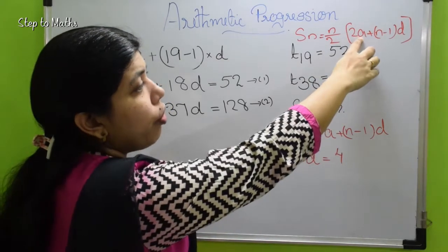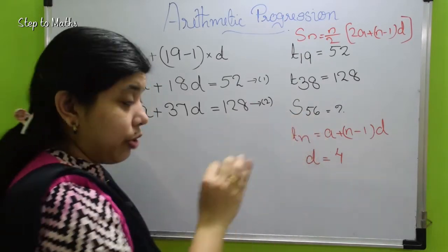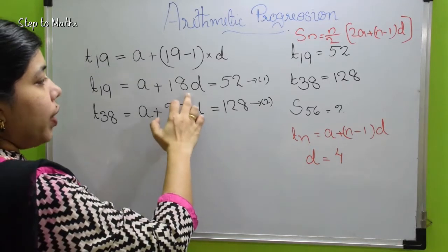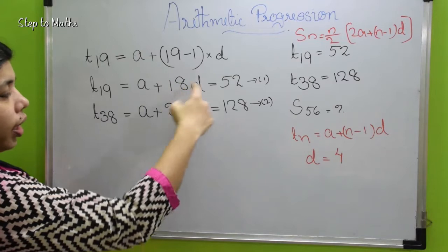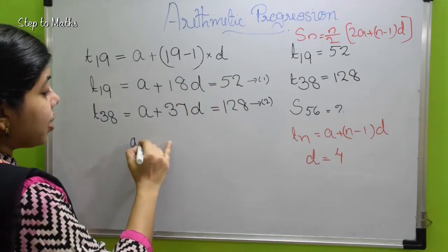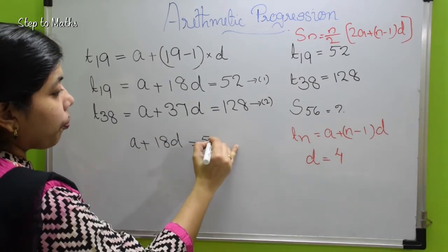If we know the value of a, then we can find the sum of the first 56 terms. How can we find a? We can substitute the value of d in either equation. Consider equation 1: a plus 18d is equal to 52.